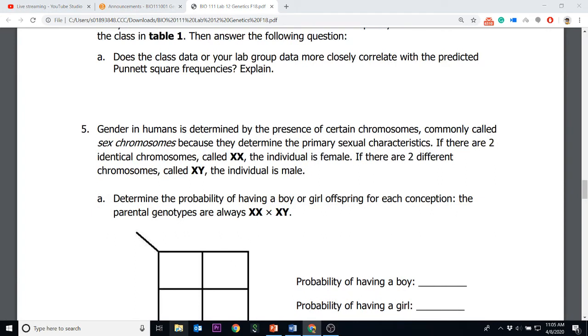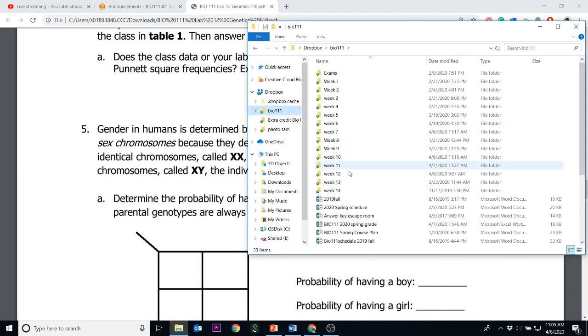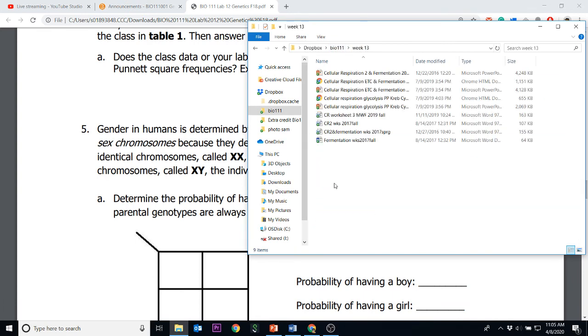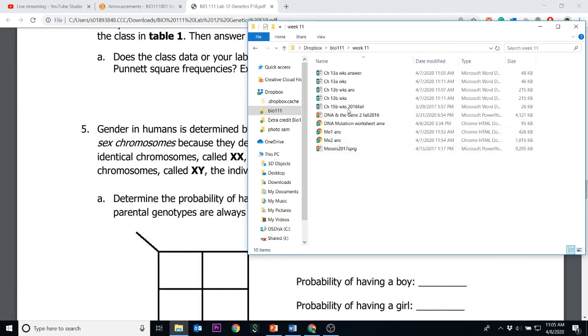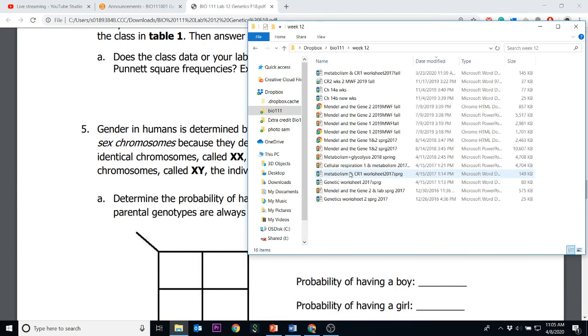And let me show you, I think you should have the PowerPoint for genetics already. See where it is. Lab. Wait, do I have the lab? I think the lab is very easy. Let's do it. I think I have the lab here.